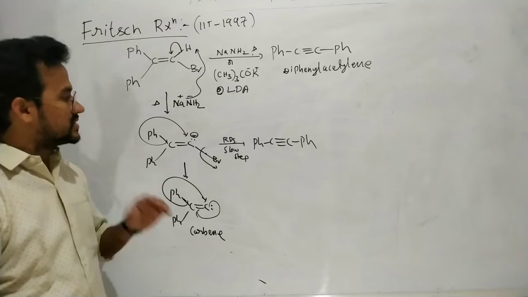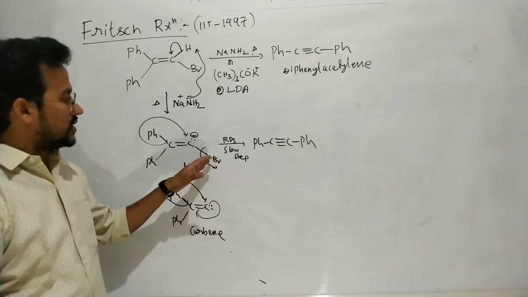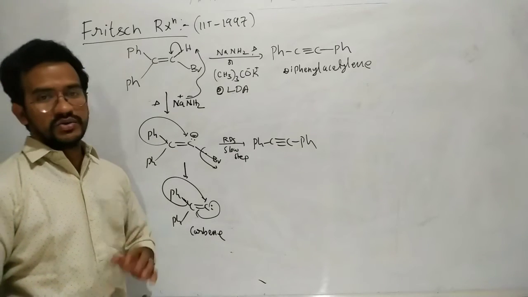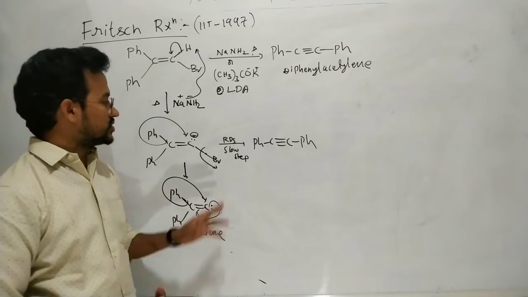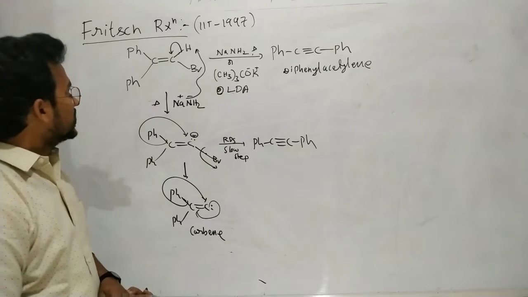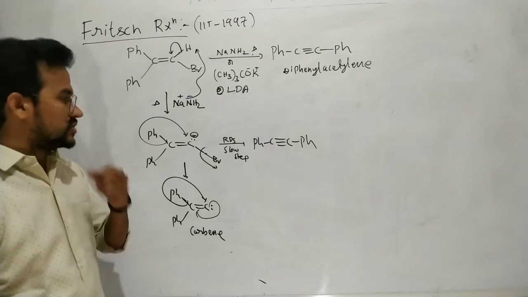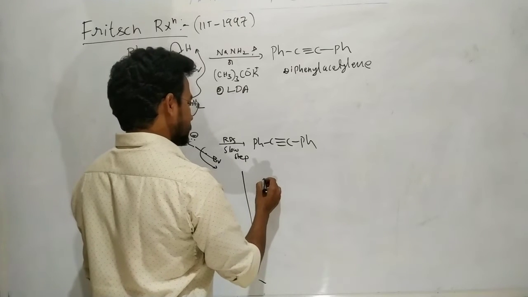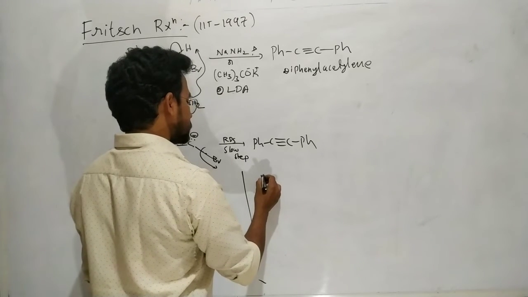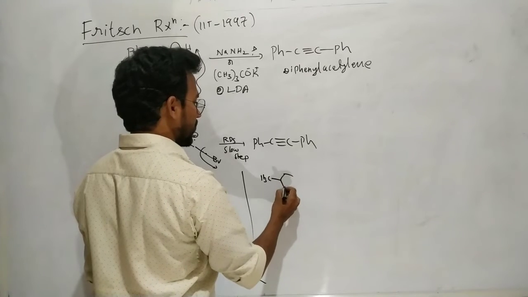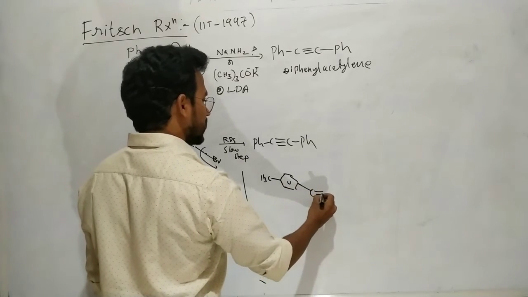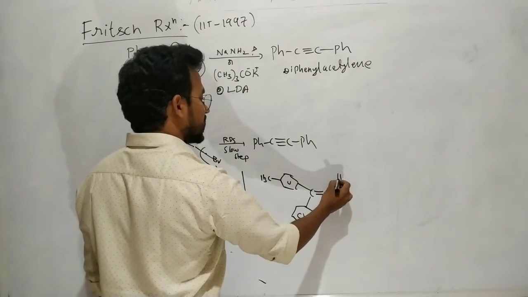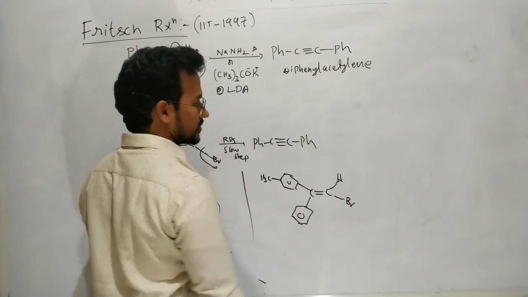So the main key step is the leaving of the halogen and the migration of the aryl group which is exactly opposite to the Br. Okay, this is the Fritsch reaction. Now suppose here this is CH3, C double bond C, here this one is the phenyl, C hydrogen, and this is the Br.